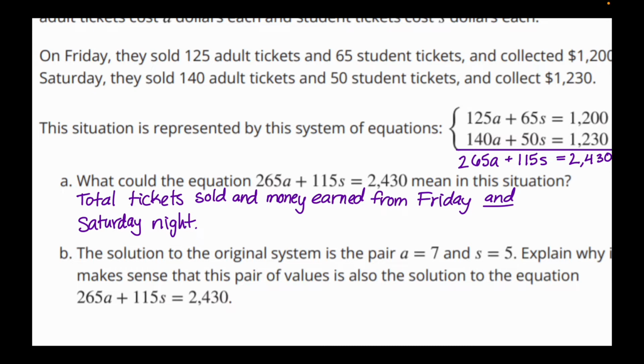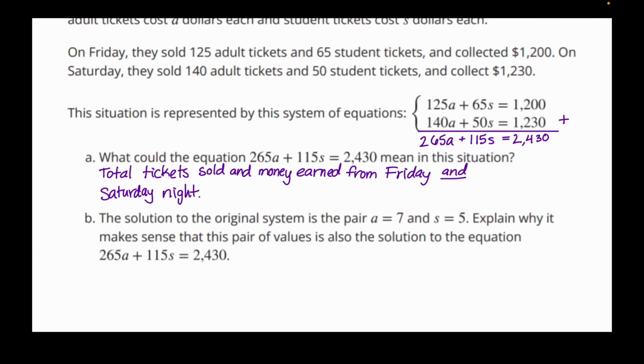Because we're just adding it together. And so the prices don't change or anything like that.